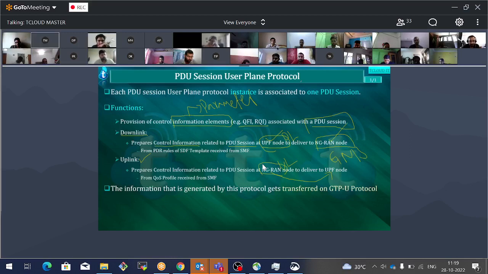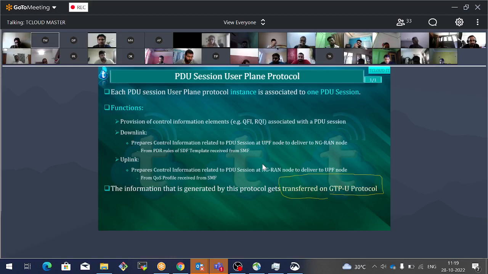But one twist is that this particular protocol, PDU Session User Plane Protocol, won't be able to travel on its own. It needs to sit inside the GTPU protocol and travel. So it is transferred on top of GTPU. It doesn't have its own transport mechanism. This data needs to be sitting inside GTPU.